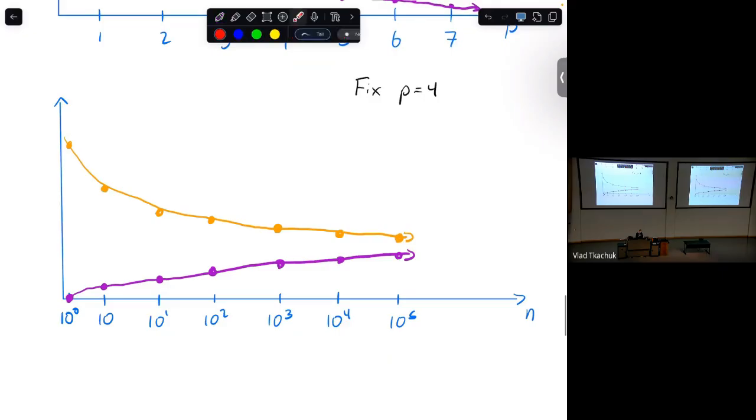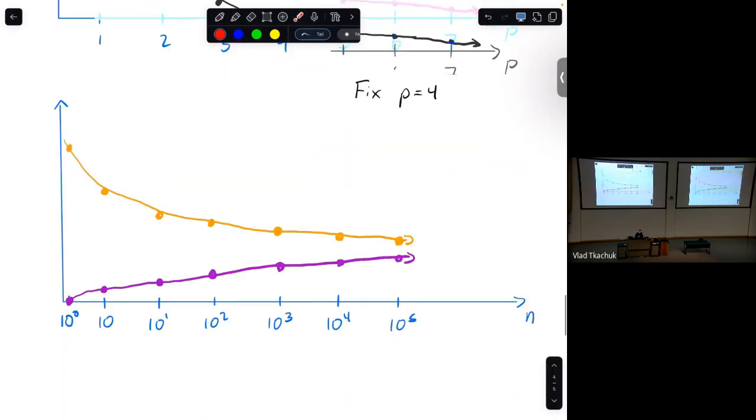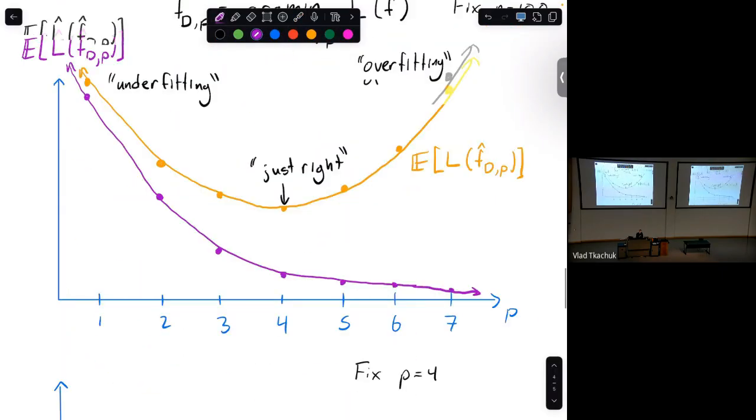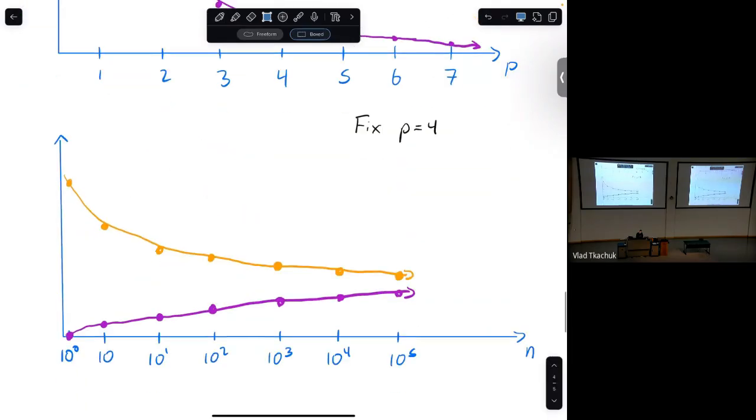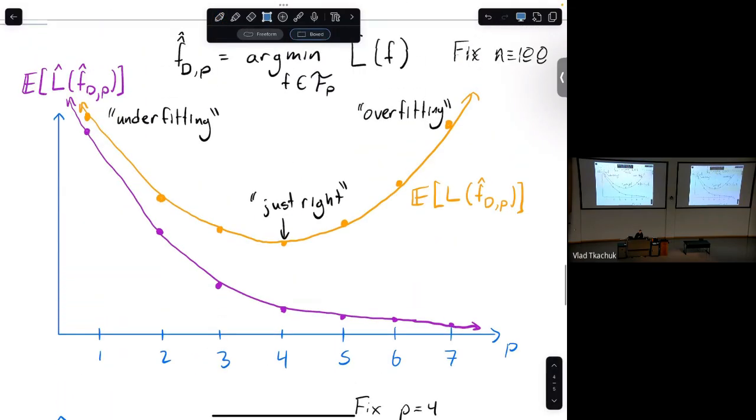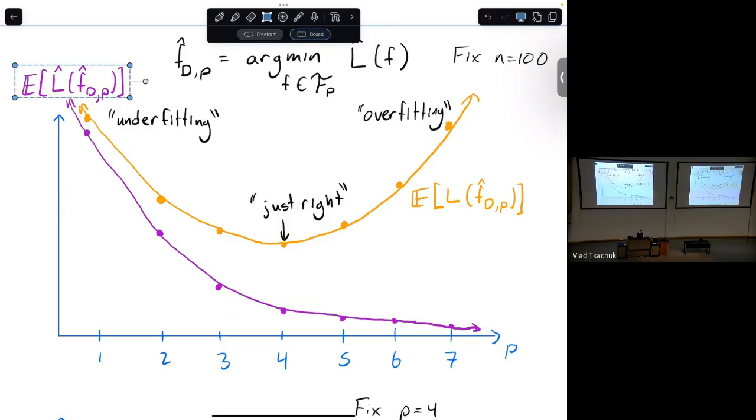But in practice, okay, we've had this relationship. What are these two things? Well, it's the same thing we've seen before. Let me just label them properly. This guy down here is this.